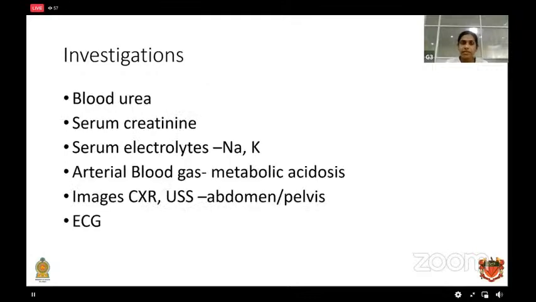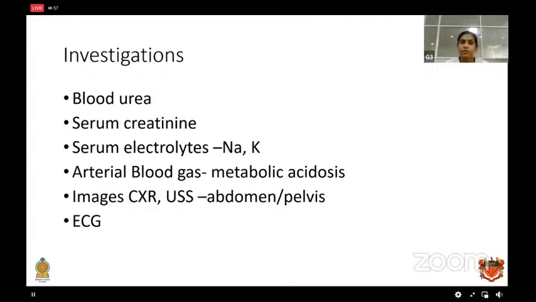Investigations: any patient with acute kidney damage, you have to go through basic investigations like blood urea, serum creatinine, and electrolytes, especially sodium and potassium. Sodium can either increase or reduce, and there's usually hyperkalemia. Do a bedside blood gas, which will usually show metabolic acidosis. Other investigations depend on your history and examination findings.